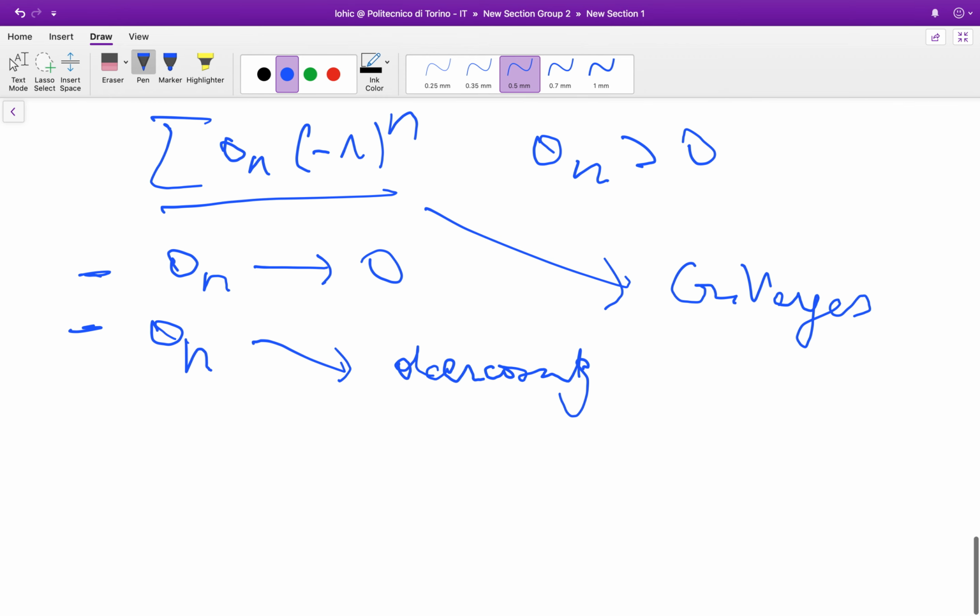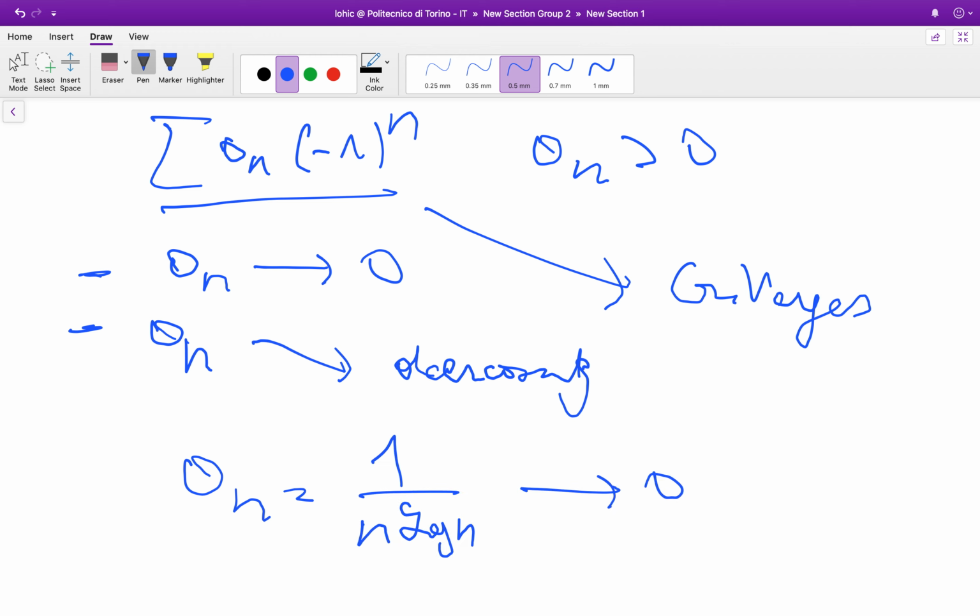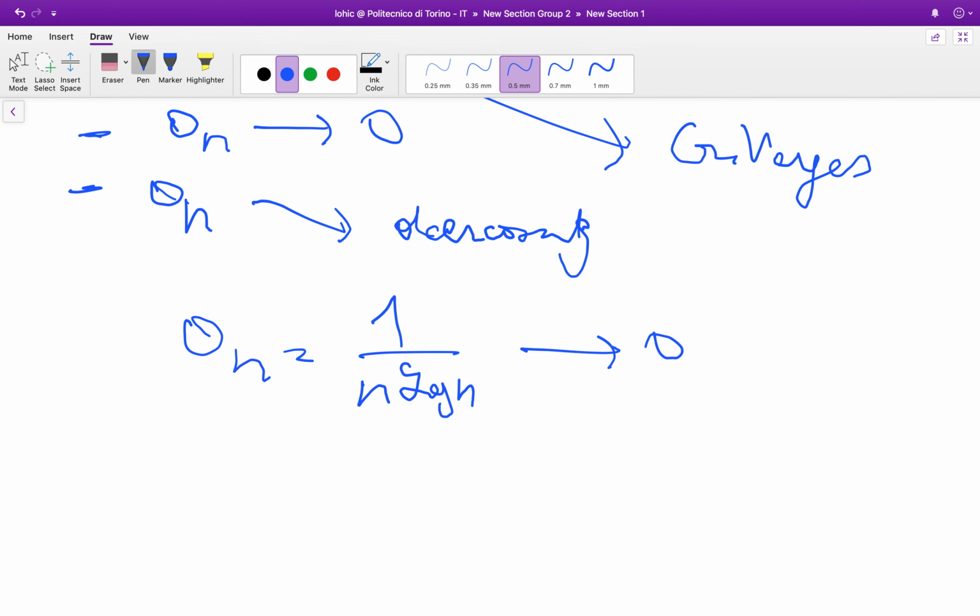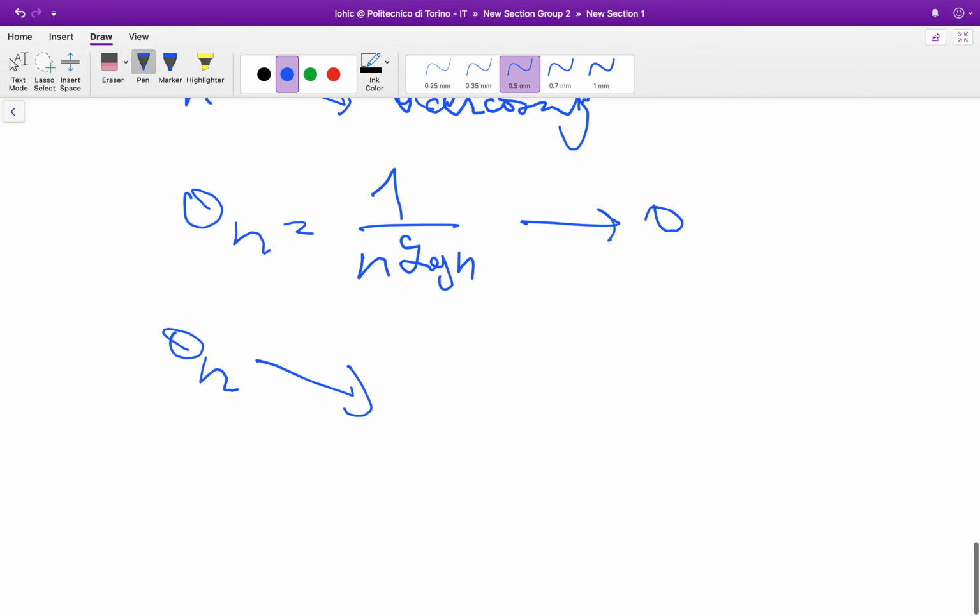In our case, a_n is 1 over n log n. That clearly tends to 0 as n tends to infinity. Furthermore, it's clear that a_n is decreasing. Why is it decreasing?